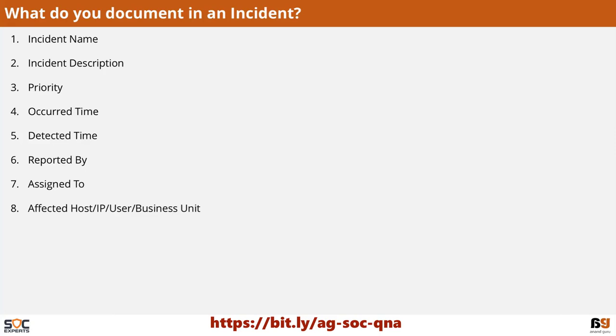Depending on the type of the incident, there might be a host affected or an IP affected, so we need to highlight that. Information gathered, analysis done, evidence, which could be in the form of raw logs or screenshots, etc. And finally, we also provide recommendations as a part of the incident.